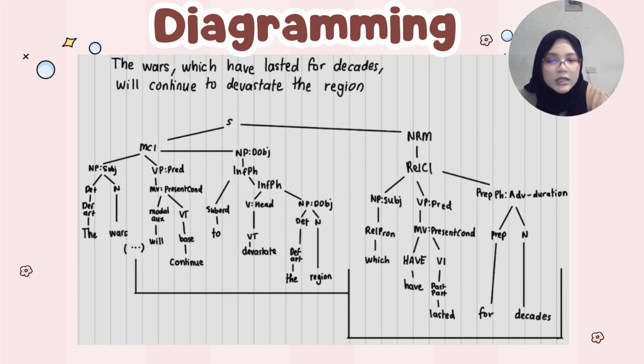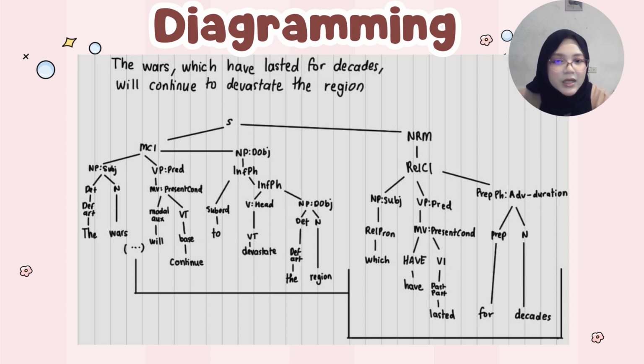For the last branch of the main clause, we have noun phrase direct object, under which we have infinitive phrase. We divide the infinitive phrase into subordinate and infinitive phrase. Under subordinate, we have the word to. Under the second infinitive phrase, we have the verb devastate, and then we have noun phrase direct object.